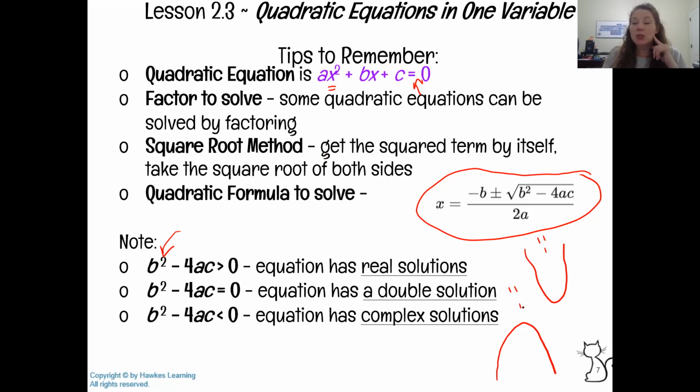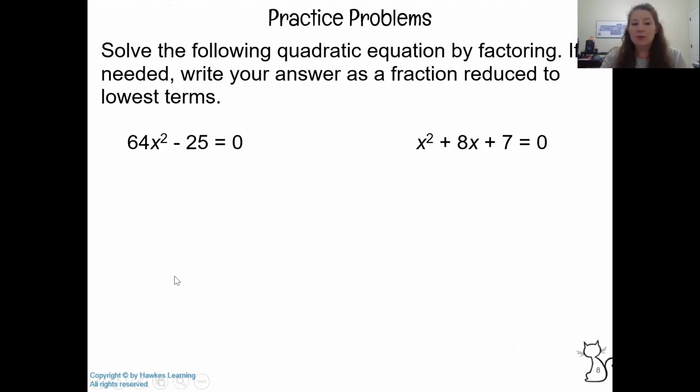And sometimes those parabolas, which is what they're called, are going to cross the x-axis. Sometimes they will never cross the x-axis, and sometimes it'll cross the x-axis in only one place. So we're going to talk about those kinds of patterns as we go through the quadratic formula.